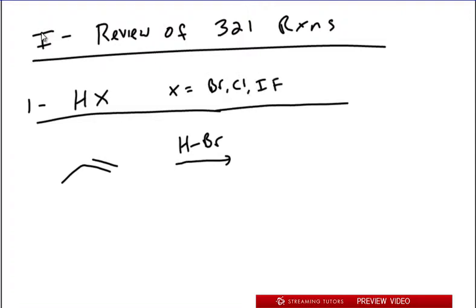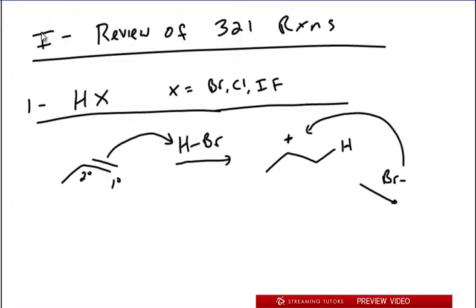What happens is the double bond winds up pulling in the H. And remember that when you have a difference in degree, we always make the higher degree carbocation for stability. And so we put an H on the lower degree so that the higher degree, secondary in this case, becomes positive. And then Br will come in.